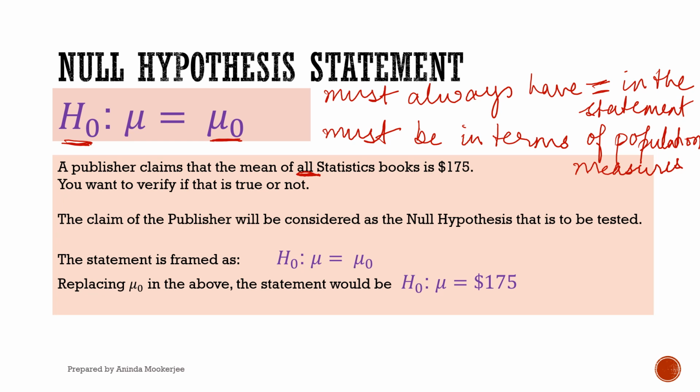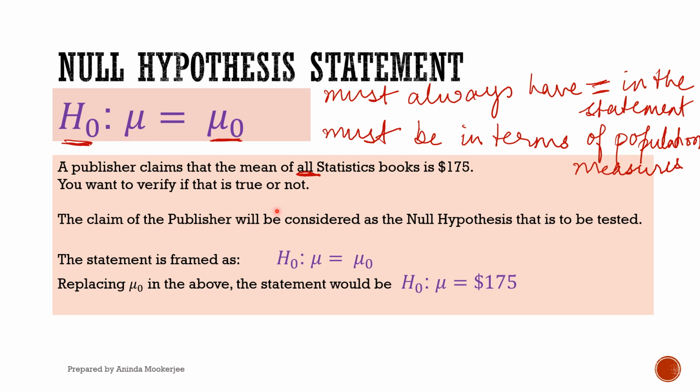You want to verify if that is true or not. So we want to make sure if that is the correct mean or not using an alternate hypothesis. So the claim of the publisher will be considered as the null hypothesis, right? So $175 associates with the null hypothesis that is to be tested.